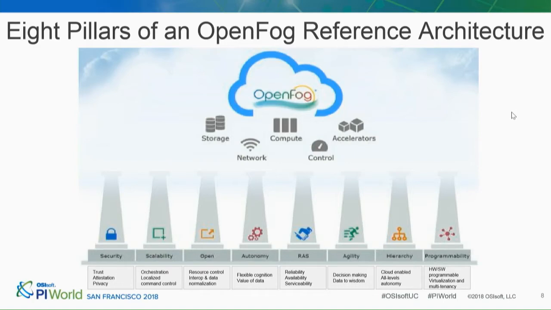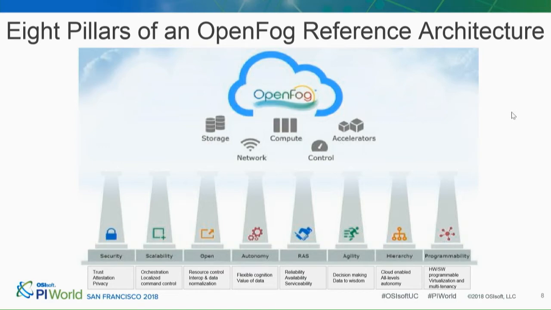The whole point is to define the architecture that will be the future architecture for industrial and non-industrial IoT projects, based on this idea of multiple layers and multiple components with the consumption of data and resources at any level, wherever you need them.